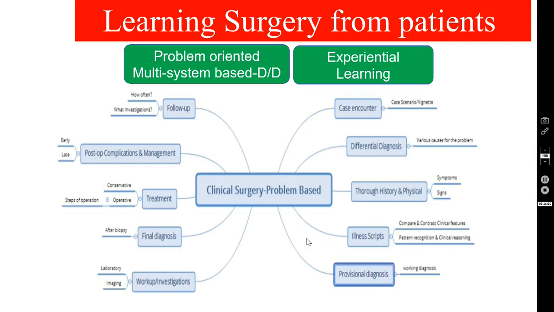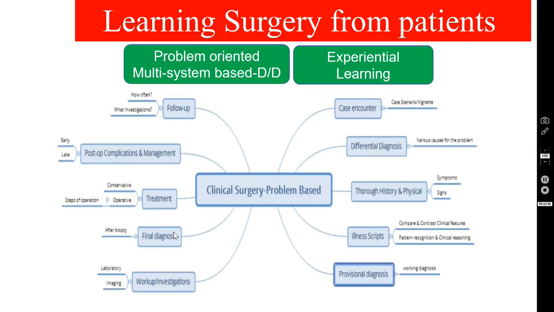After that, you have to do investigations or workup. And I told you already, this could be a laboratory investigation or imaging investigation, either to confirm your provisional diagnosis, or to refute all other differential diagnoses.